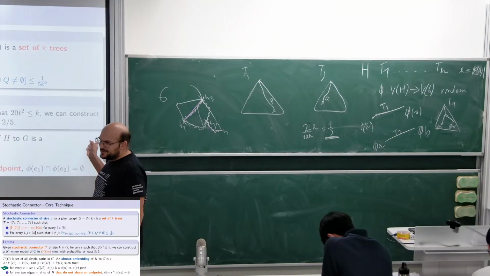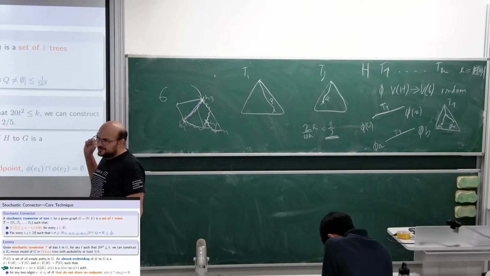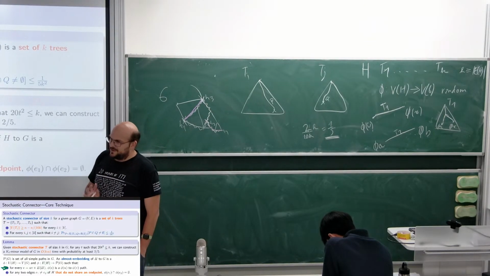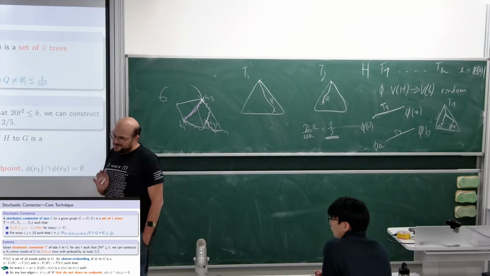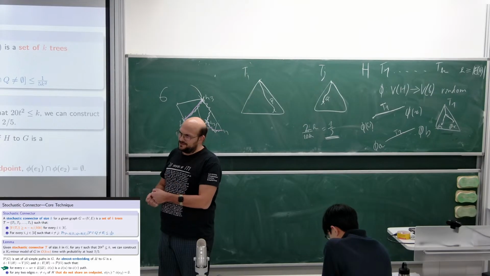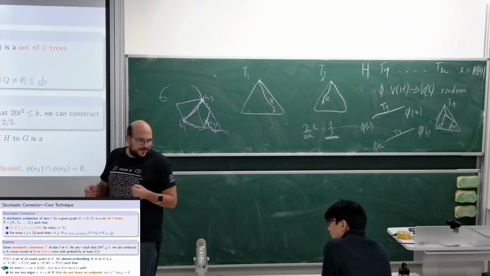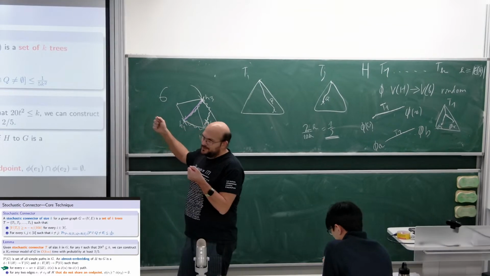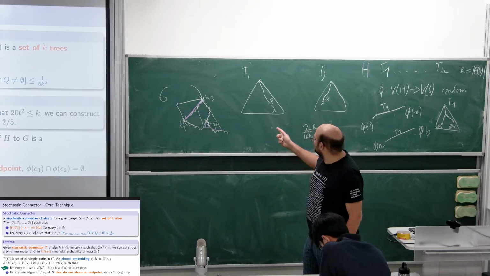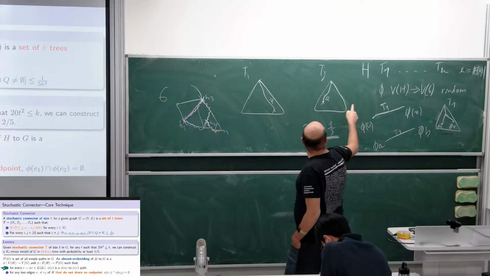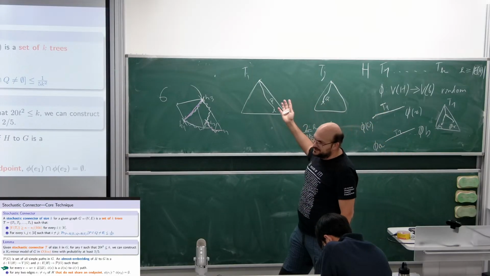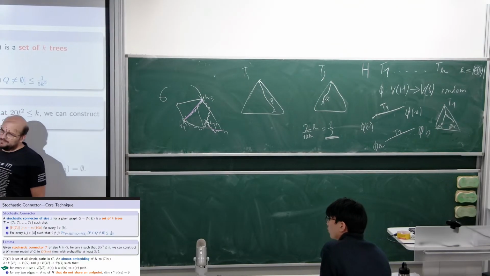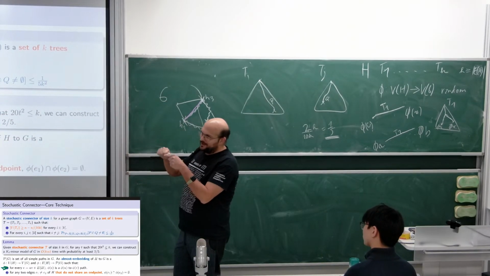For every edge of H, I will take a different tree for a different edge, and this tree will represent the connection. So it can happen that the mappings of the endpoints of that edge are not in the tree, but this is with small probability, 1 over 5k, for a particular edge.